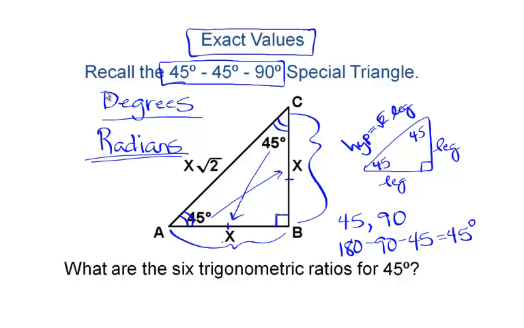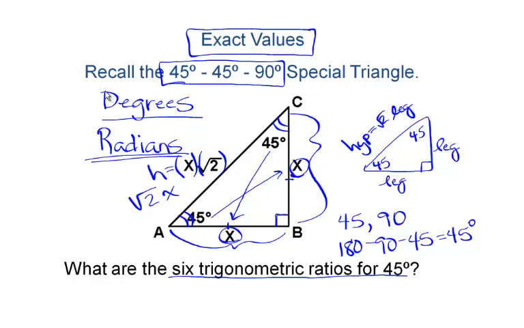So if I call the length of each leg x, then the length of the hypotenuse has to be the square root of 2 times x. Remember, multiplication is commutative. I can write this in either direction. It doesn't matter. That's just multiplication. So there's my hypotenuse. So let's talk about the 6 trig ratios for 45 degrees.